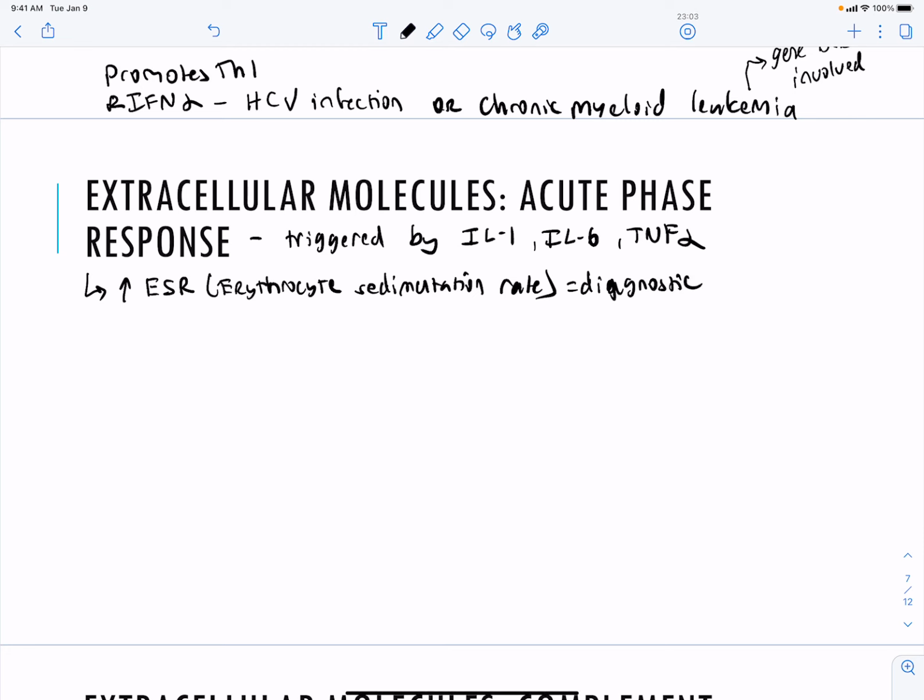So to see if someone's having an acute phase response, you don't measure IL-1, IL-6, or TNF-alpha. You can measure their ESR, which is used as an easy way to measure whether or not someone is undergoing inflammation. The acute phase proteins are going to affect the hypothalamus, and they're going to increase the body temp. And this is through prostaglandin synthesis.